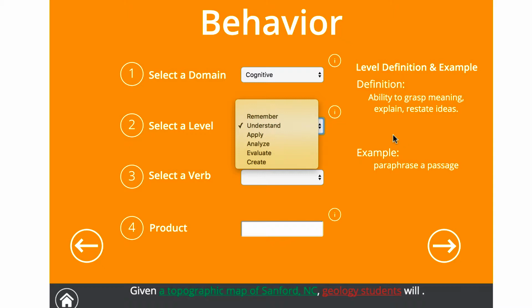But that does not mean that you can't ever have them evaluate or create something. That could be a final project. Now, I do teach a second semester of geology that builds on this. So that second semester of geology is going to assume, because Geology 111 is a prerequisite, that they understand the basics of all the concepts they learned in Geology 111.